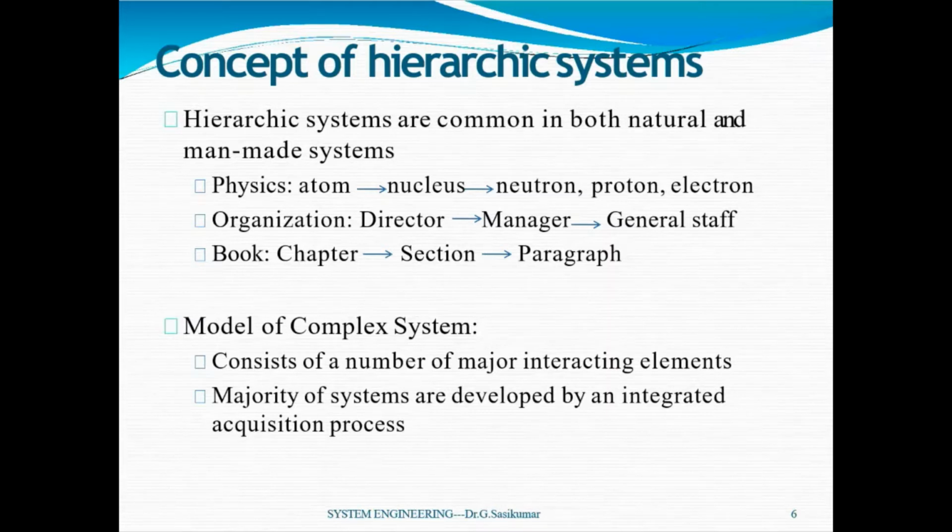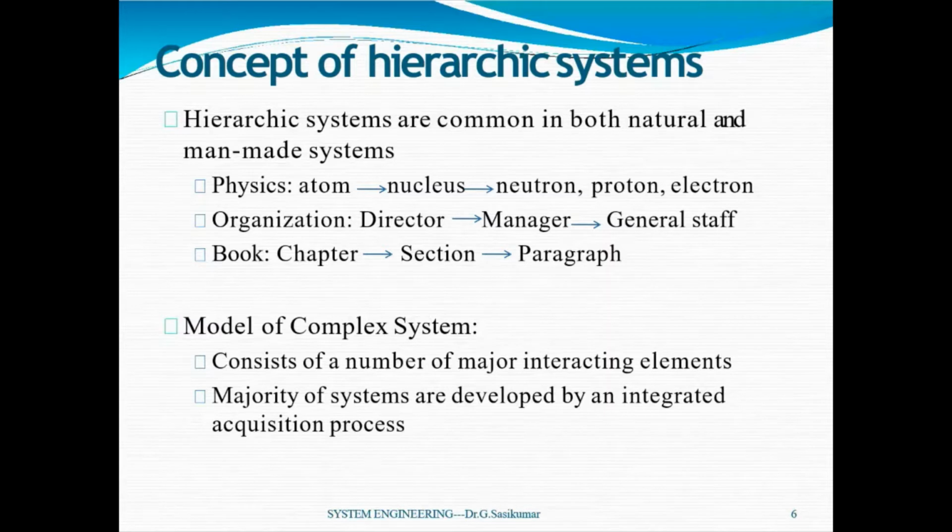And when you start reading a book, always start from Unit 1, Chapter 1, Chapter 2. And chapters have different sections, and different sections have different paragraphs. Okay? So this is a great example for understanding the hierarchy of a system.